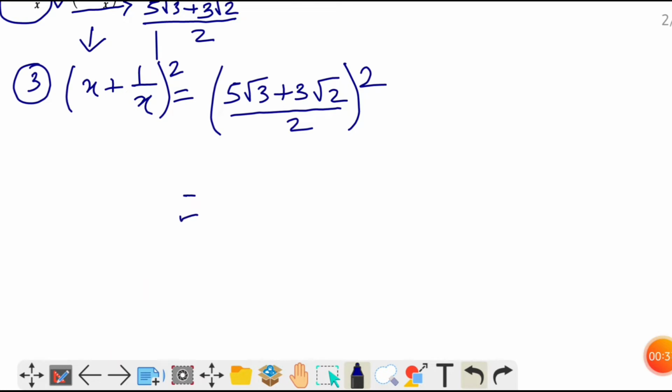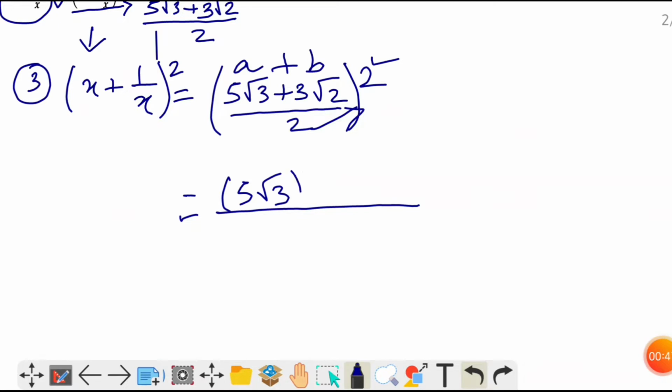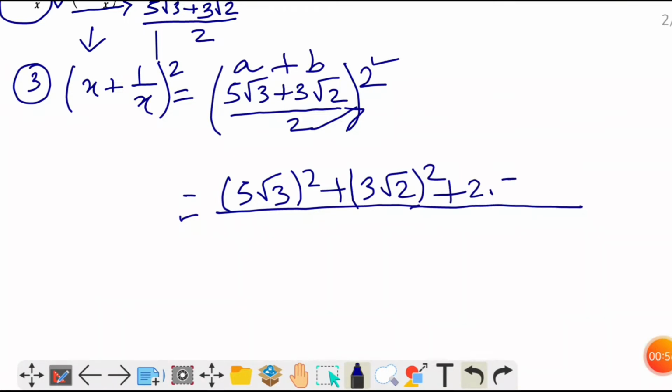So in the numerator we have (a + b) whole square, and in the denominator 2 square. So (a + b) whole square is a square plus b square plus 2 into a, 5√3, and b, 3√2. And in the denominator 2 square is 4.